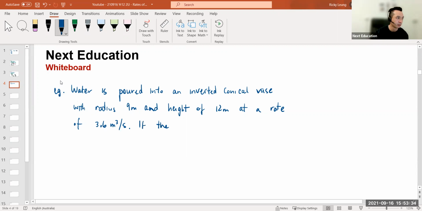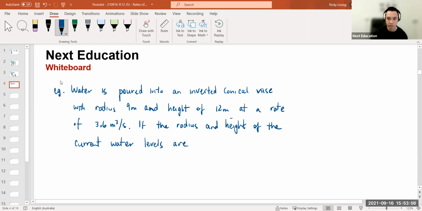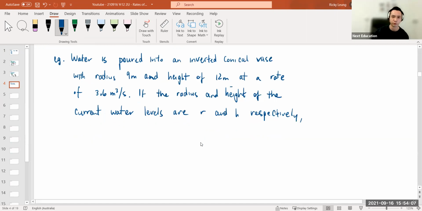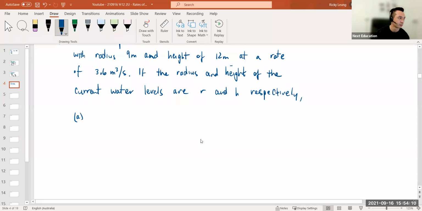If the radius and height of the current water levels are R and H respectively, and I'll draw a diagram for this, show that the volume is given by V equals 4/9 pi r cubed.